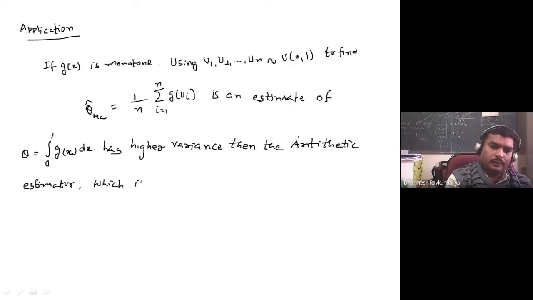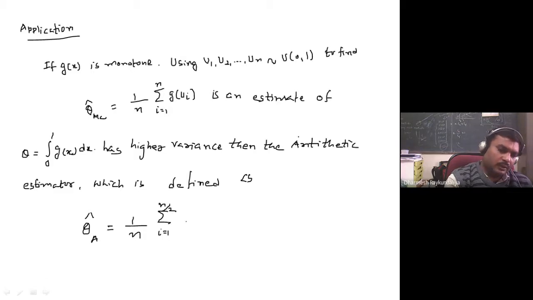Which is defined as follows. If it is antithetic, we call it theta cap A, where A stands for antithetic. It is defined as 1 upon n summation i running from 1 to n by 2.